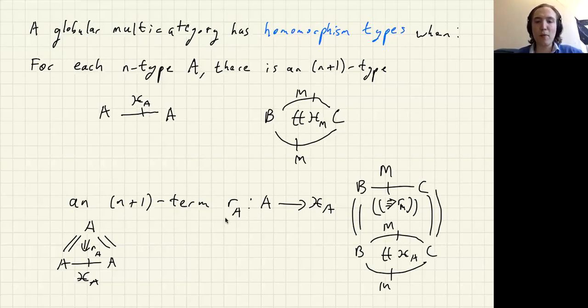And it goes from A to its homomorphism type. So here's how we might depict the reflexivity term of a zero type A, and here's me attempting to draw that for a one type M.